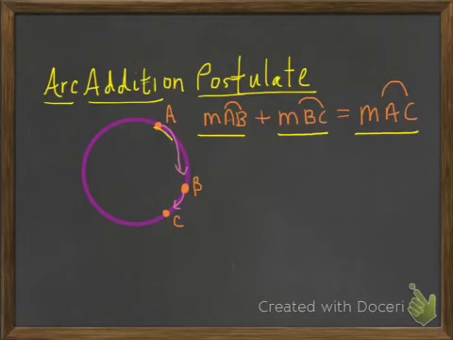In other words, this arc plus this arc gives you the entire arc. You add the two arcs together to get the total arc. We'll use that in some of the problems in the future.